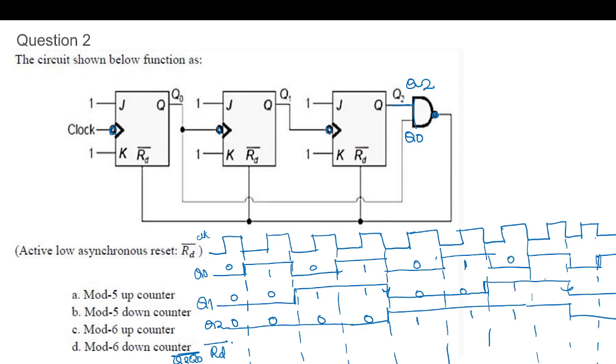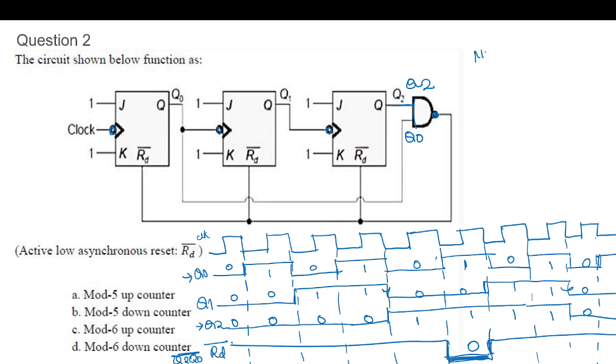The input to the NAND gate is Q2 and Q0. So when both the Q2 and Q0 are 1 in this state, the output will be 0 and 1 otherwise. This is applied to the clear logic. So with this you can see the flip-flop is clear when it is 101.